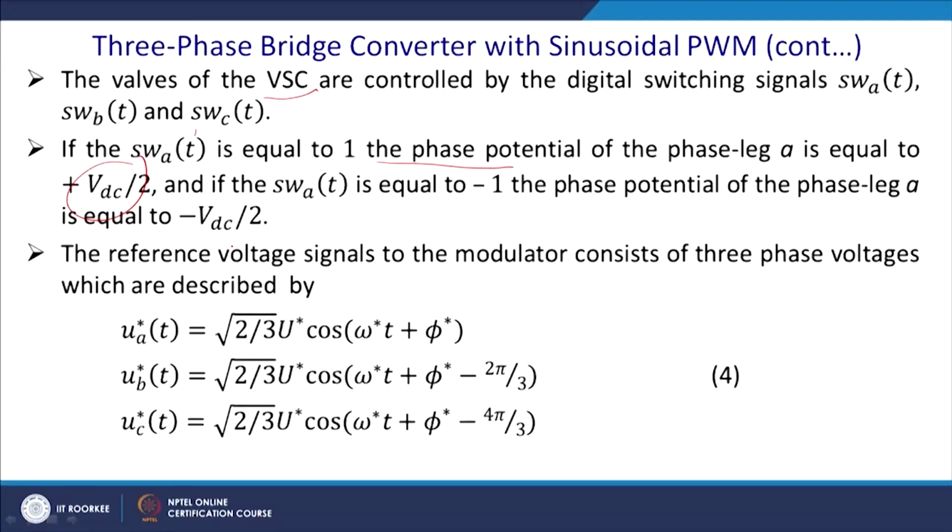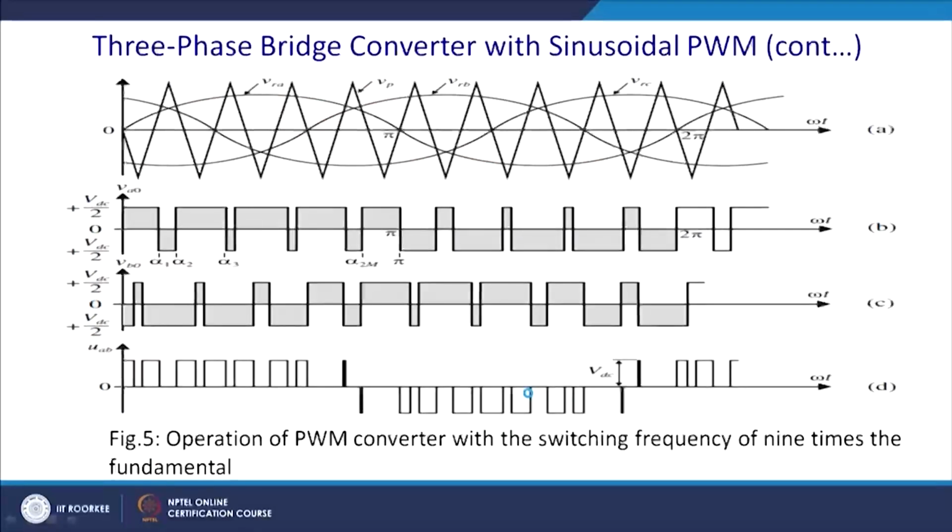The reference voltage signal to the modulator consists of 3 phase voltages, which can be described by UA, UB, UC, with root 3 by 3 U cos(omega t plus phi), root 3 by 3 U cos(omega t plus phi minus 2 by 3 pi) and plus 4 by 3 pi and so on. So, you can see the different kind of voltage.